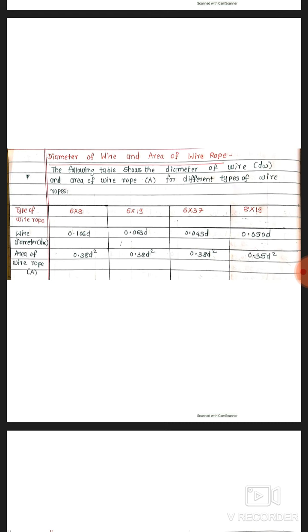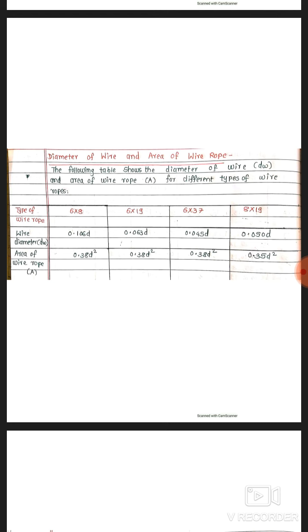The following table shows the diameter of wire, indicated with small d and suffix w for wire diameter, and the area of wire rope, indicated by capital A, for different types of wire ropes. The four types we consider here are 6 by 8, 6 by 19, 6 by 37 and 8 by 19.